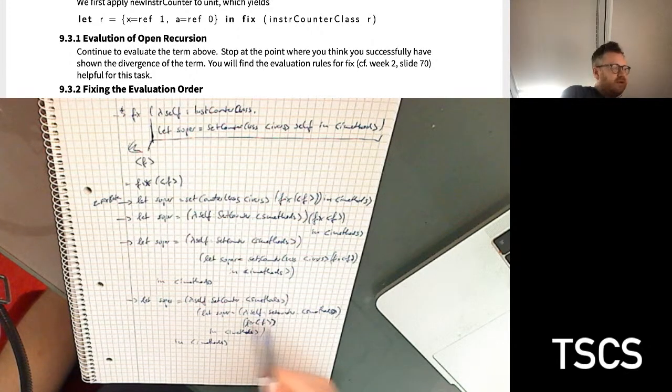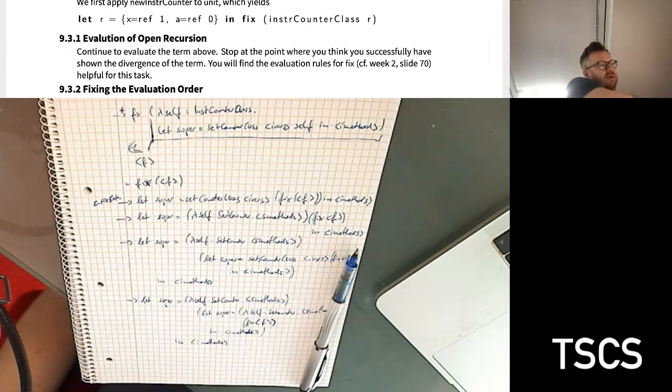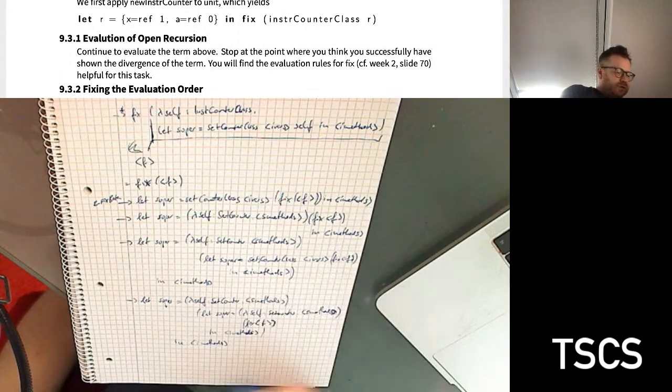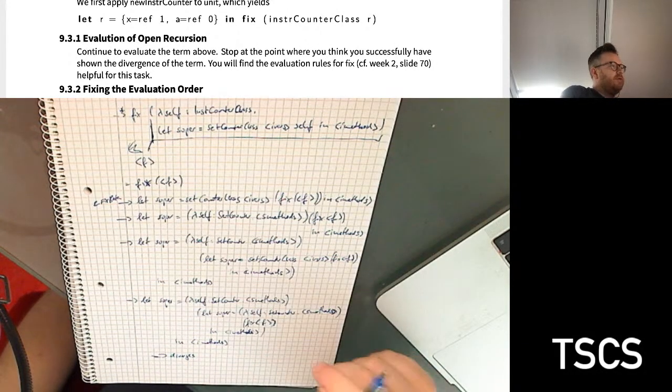So when we do that again, we will again unroll the whole thing and would again have the efix beta applied again, and then again unroll the inner part now of this thing here, and then come to the same thing, and so on and so on. So at this point, you now have shown that this thing diverges and would never terminate.